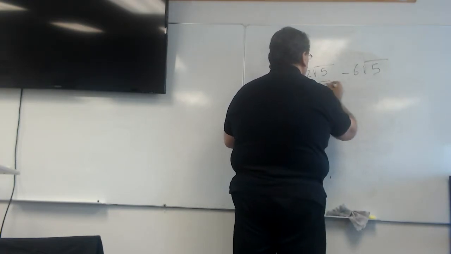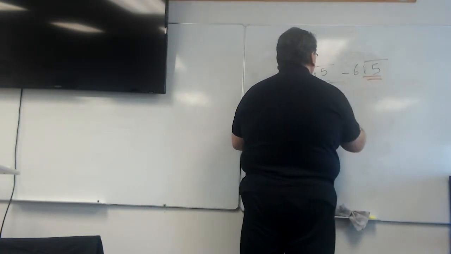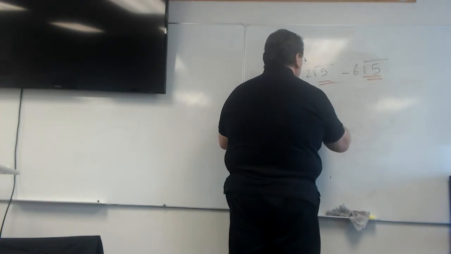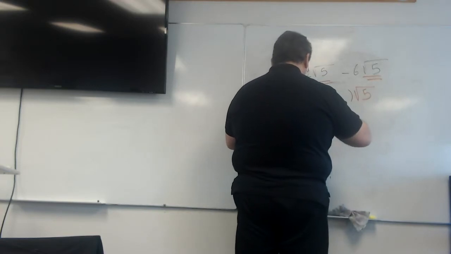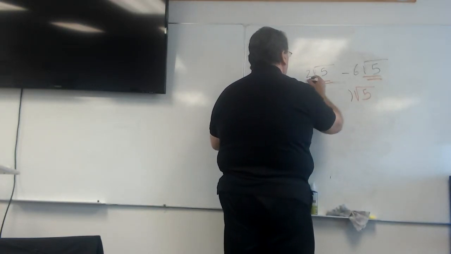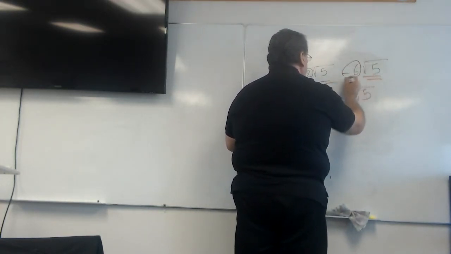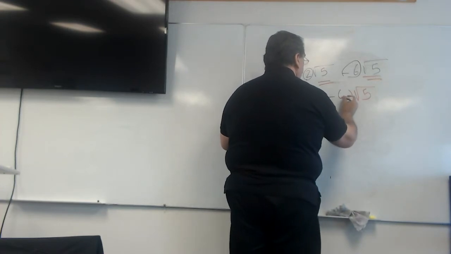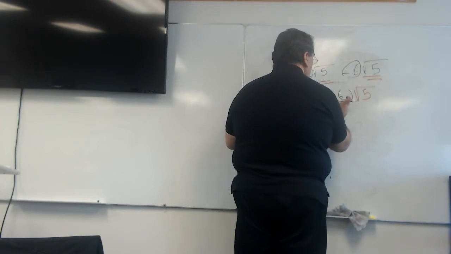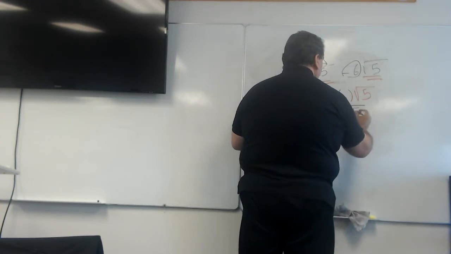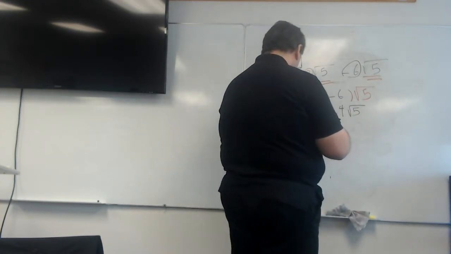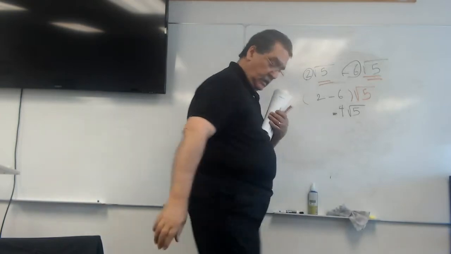These two are the same, so I factor them out. I get square root of 5, then I have 2 minus 6. 2 minus 6 has a larger value, so minus 4 the square root of 5. All right?